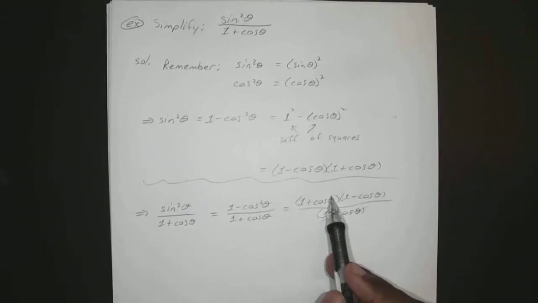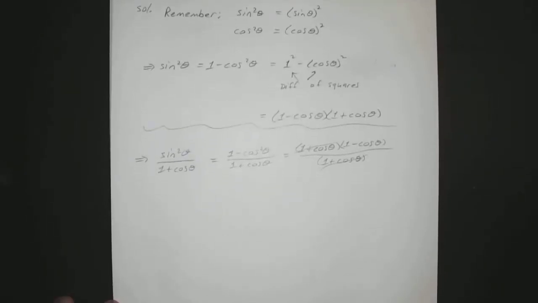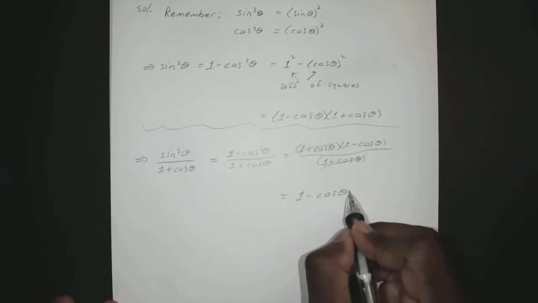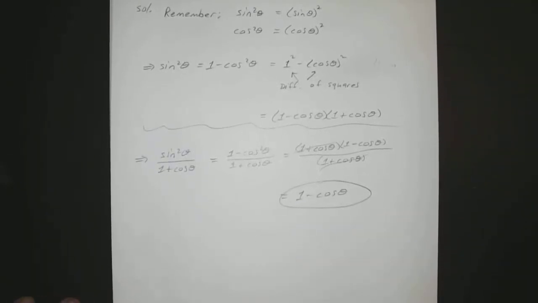So now these two cancel out. And you're left with 1 minus cosine of theta. All right. So any questions on that one? Okay.